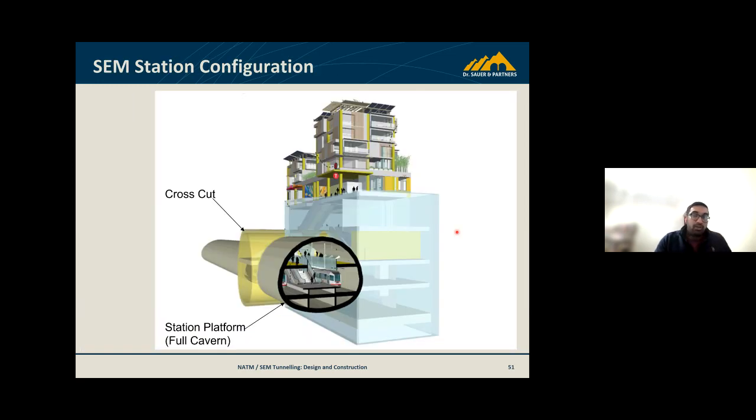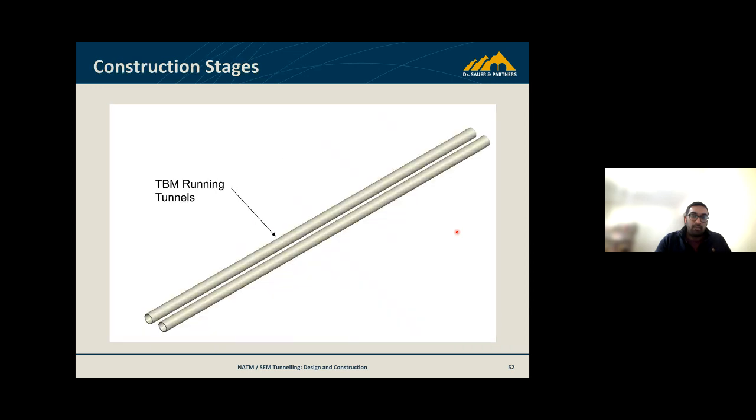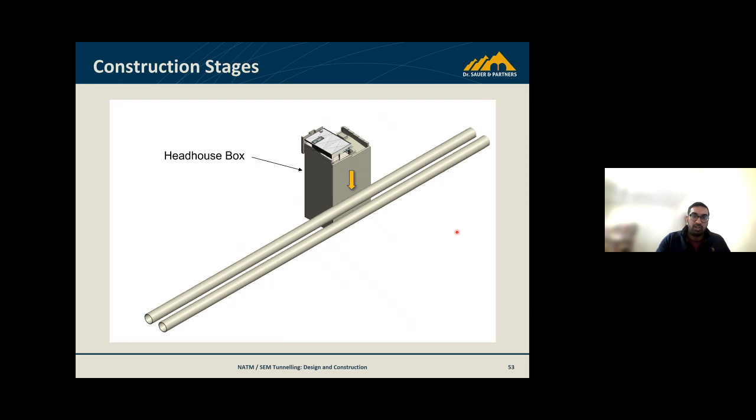General station configuration in Canada. This is a 3D rendering of that, and we have a nice little 3D render of the construction stages. So the TBM running tunnels, you have generally a head house, which now we're looking at doing in SEM as well on some projects, because the circular shaft can be a more economical way to drive those structures.